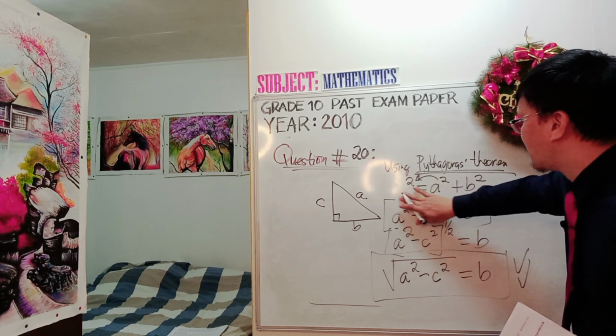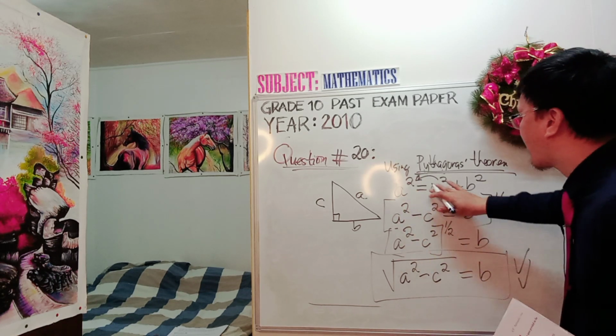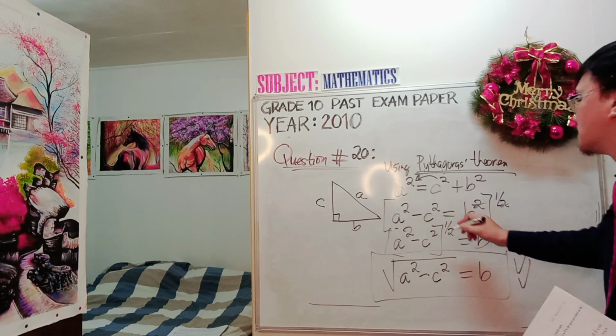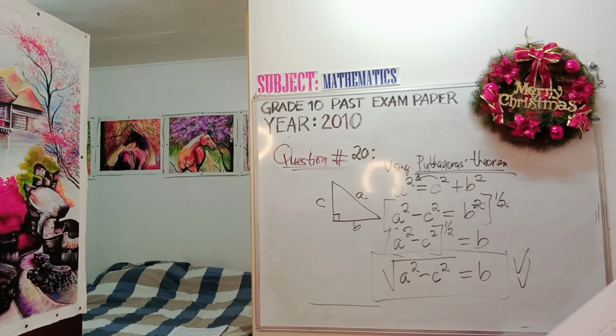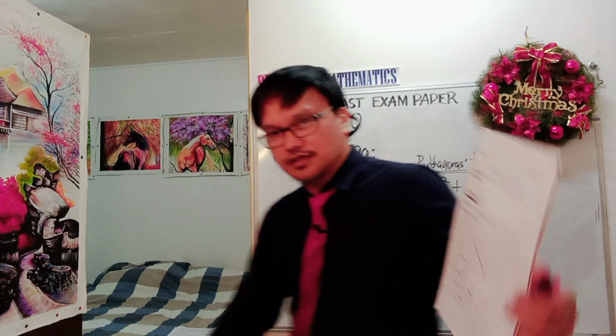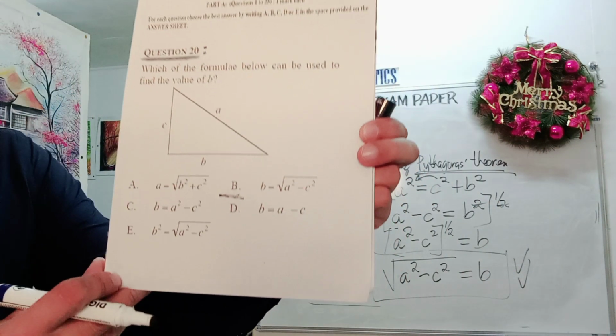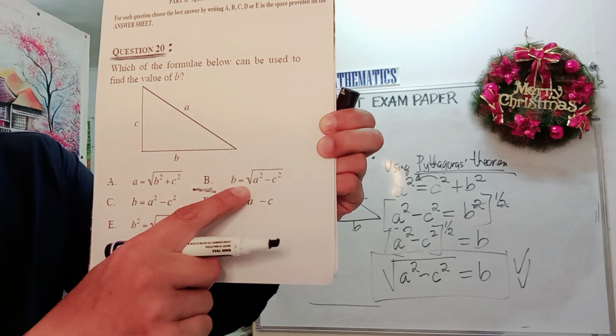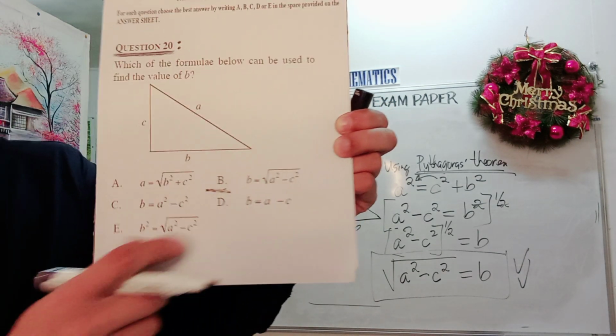This becomes a squared equals c squared plus b squared. Okay, so we have the answer now. The correct answer here is letter B. B is equal to the square root of a squared minus c squared.